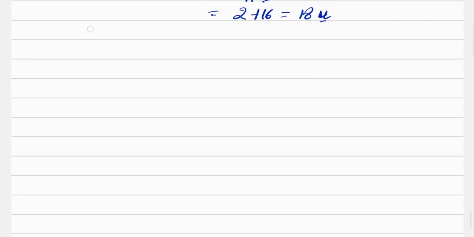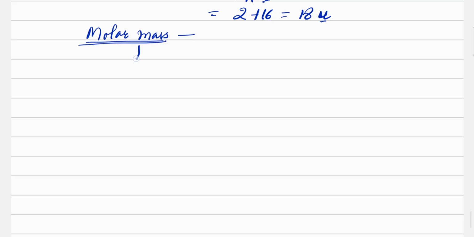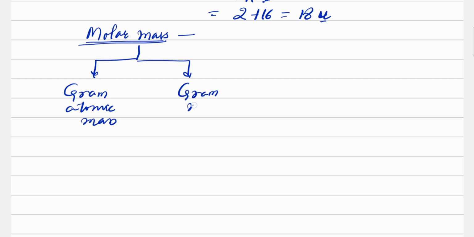Next one was molar mass. Earlier, molar mass was not called molar mass. It was of two types: gram atomic mass and gram molecular mass.